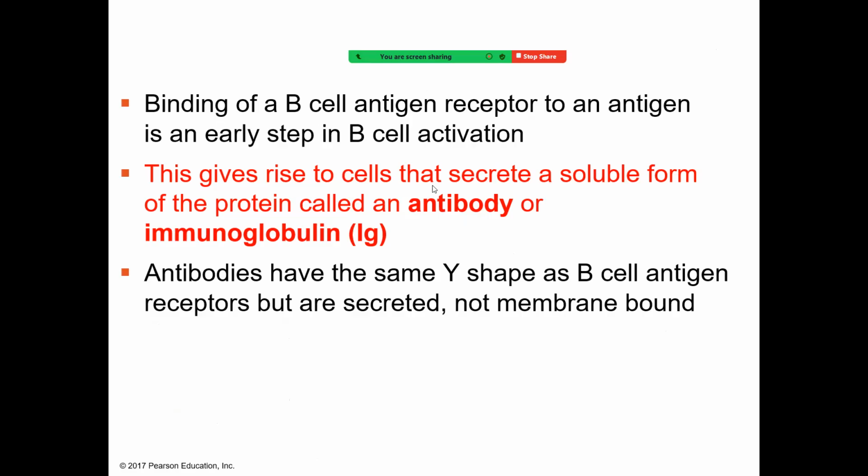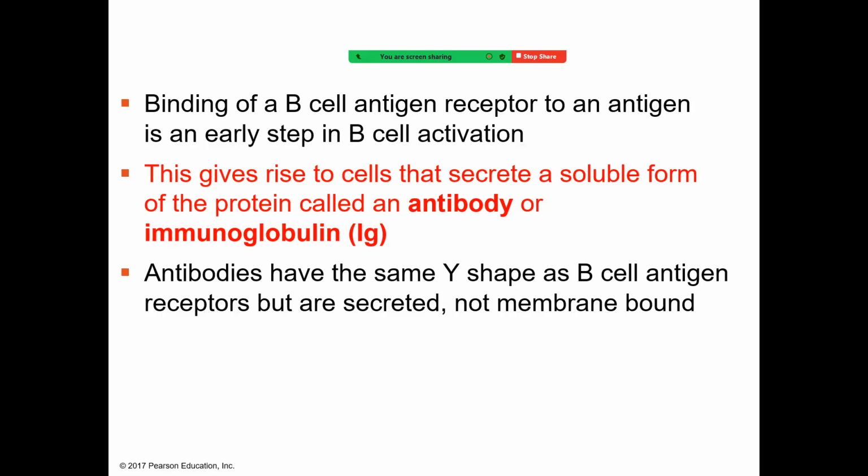What's going to happen after a B cell is activated is that cells will be created that secrete a soluble form of these Y proteins that are called antibodies. Antibodies also have a more official scientific name called immunoglobulin. So immunoglobulins are antibodies. IG for short is how we would abbreviate our antibodies.